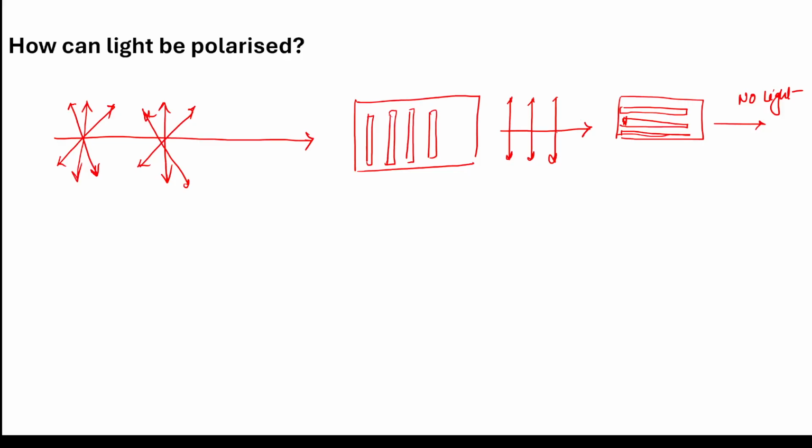So when you let this vertically restricted polarized light pass through the Polaroid on the horizontal axis, no light comes out.